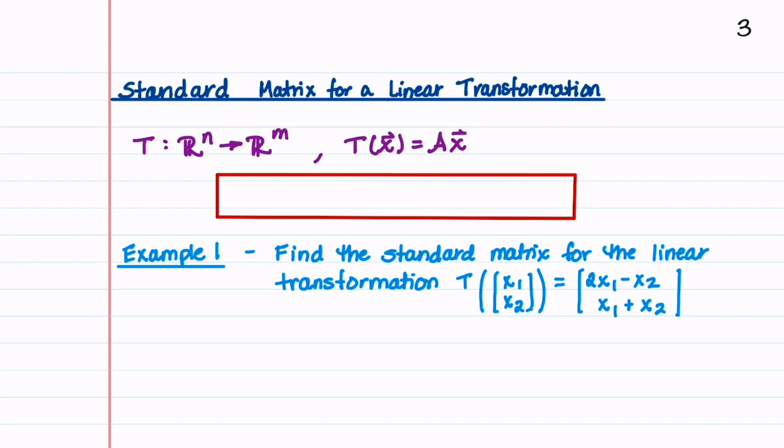We can now use our standard basis vectors to find the standard matrix for a linear transformation. If we have a linear transformation that transforms vectors in Rn to vectors in Rm by T of x is equal to A times x, our standard matrix is given by A is equal to T of e1, T of e2, all the way up through T of en.